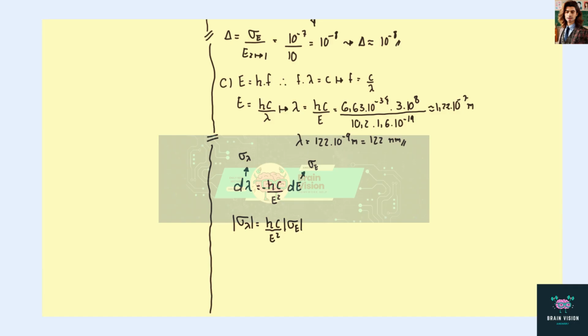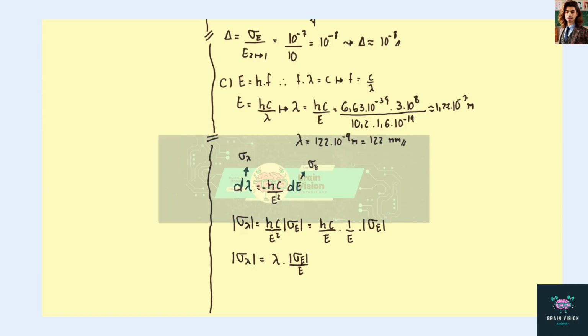So this is equal to h times c divided by E, times 1 over E, times the uncertainty in the energy. Therefore, the absolute value of the uncertainty in the wavelength is equal to the wavelength itself times the uncertainty in the energy divided by the energy.